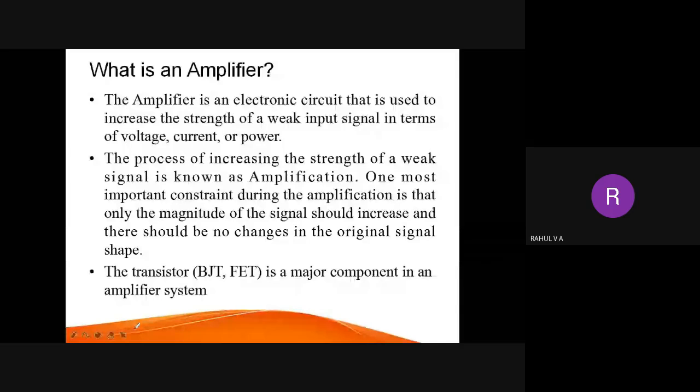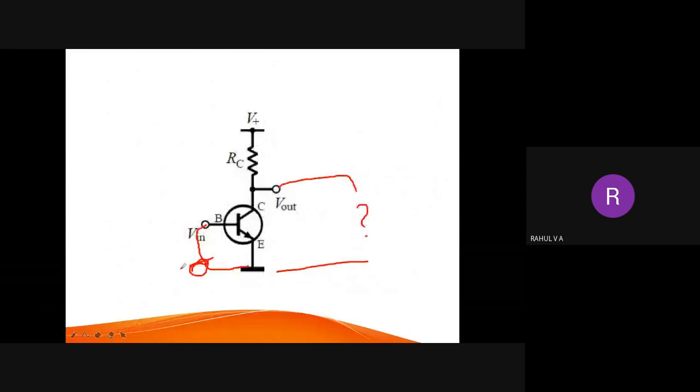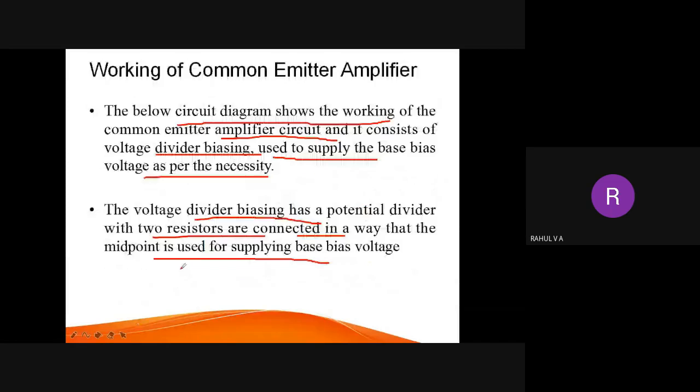It is amplified in terms of voltage, current or power. One may have more voltage, more current, or more power. So we are using a common emitter amplifier.